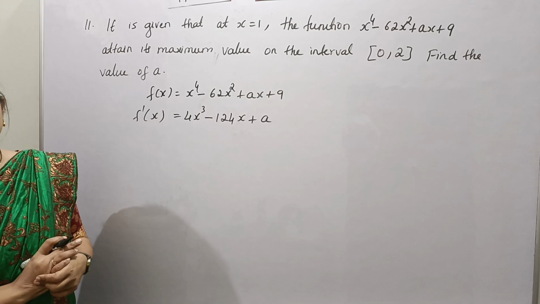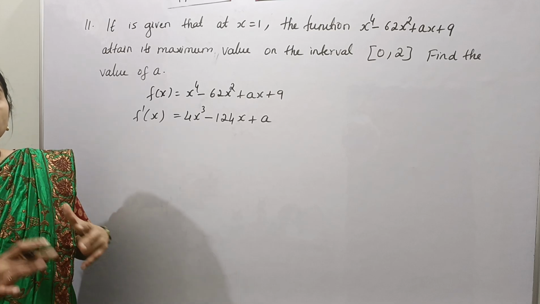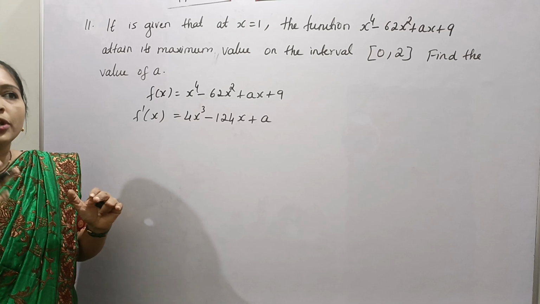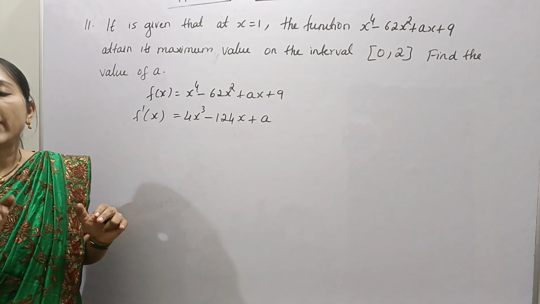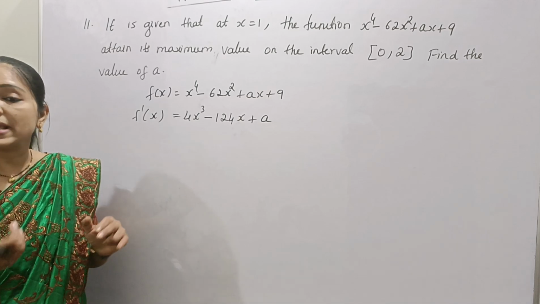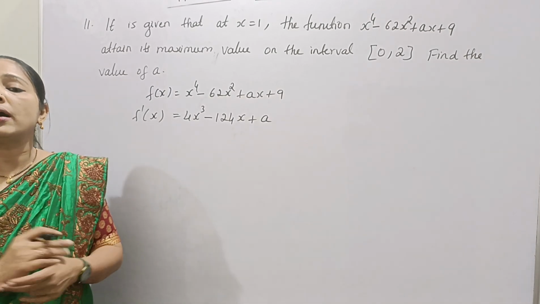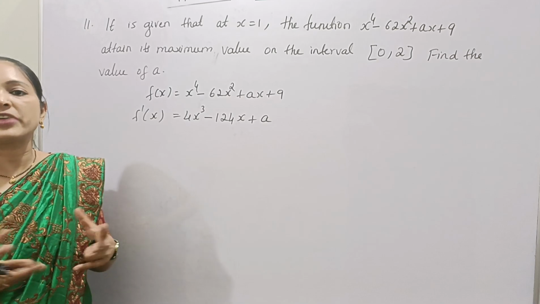It is given that this function attains maximum at x is equal to 1. By the second derivative test we know that if the function has a maximum value at x is equal to C, then f dash of C is equal to 0, right? From that only we find the critical values: f dash of x is equal to 0.